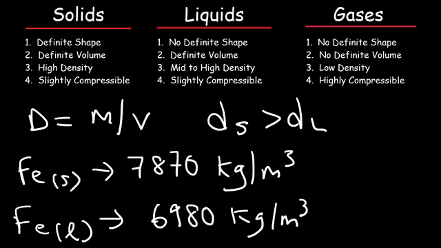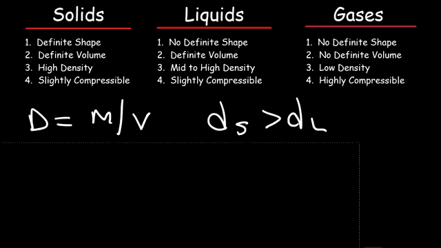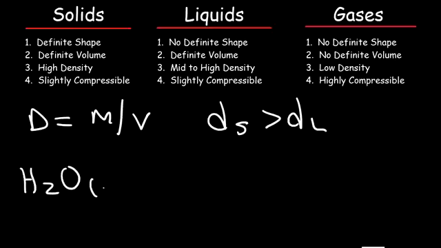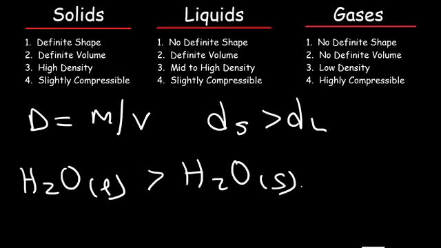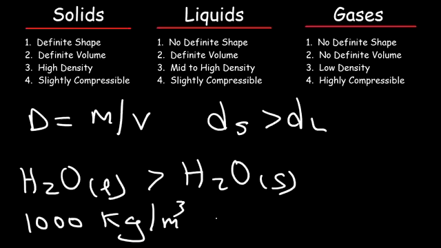Now granted, there are some exceptions. For instance, liquid water has a higher density than solid water, which is known as ice. The density for liquid water is around 1,000 kilograms per cubic meter, which is the same as 1 gram per milliliter.